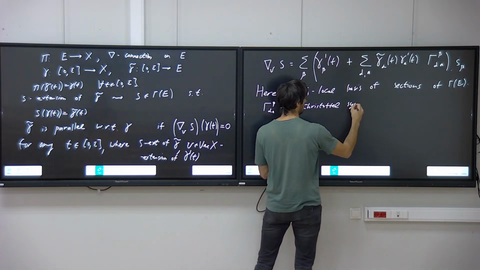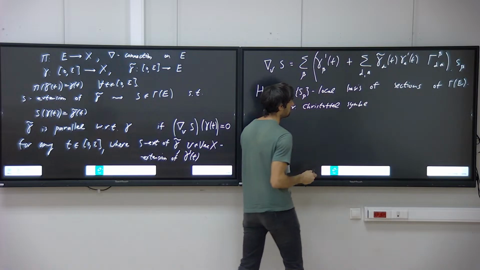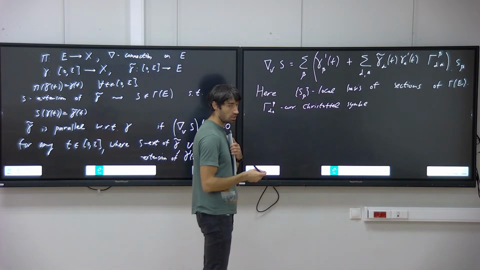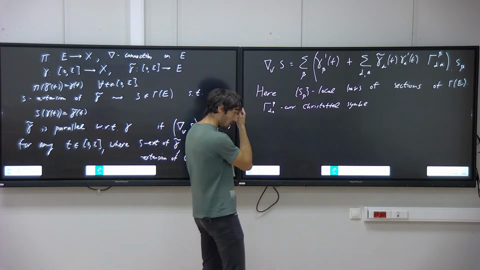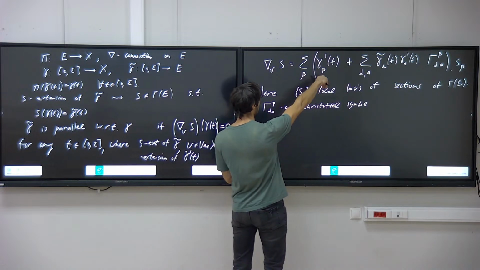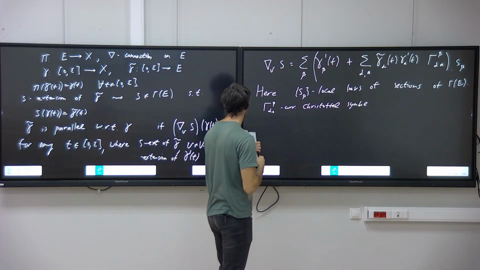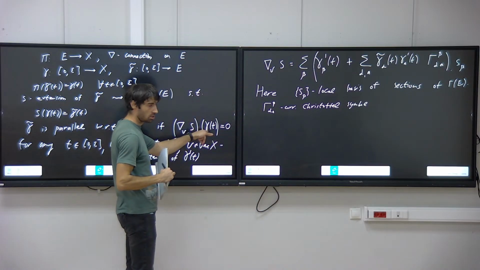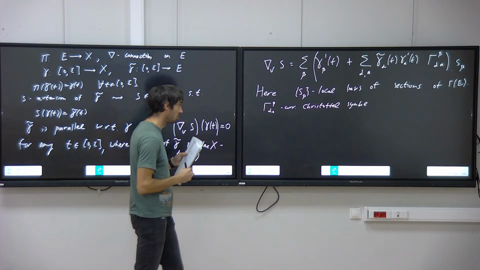Also, for Christoffel symbols, we need to fix coordinates, and so we fix them, and this gamma with subscript are components of gamma in these coordinates, right?